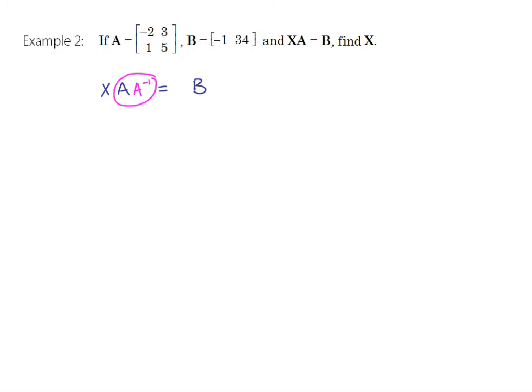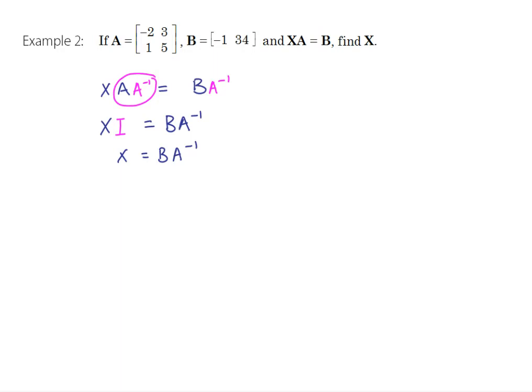So again, I need to do the same on both sides, and because I put it on the right hand side here, it needs to go on the right hand side over here. So now we've got X times the identity matrix, which is like 1, equals B times the inverse of A. So X equals B times the inverse of A. So now we just need to put our matrices in.